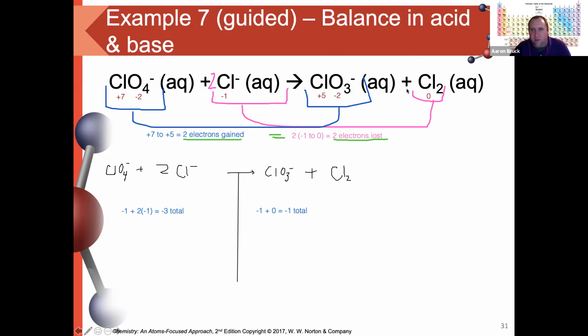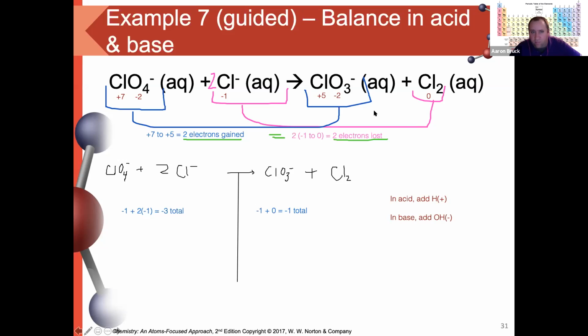Now the next step here is to fix the total charge. And how we fix the total charge depends completely on what we're doing. Are we in acid or are we in base? If we are in acid, we're going to add hydrogen ions. If we are in base, we're going to add hydroxide ions.